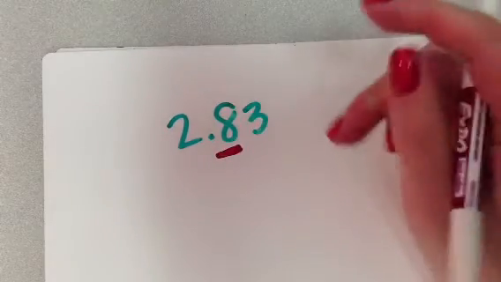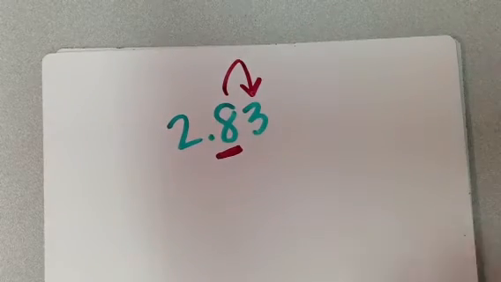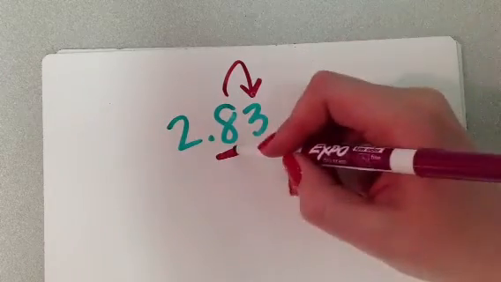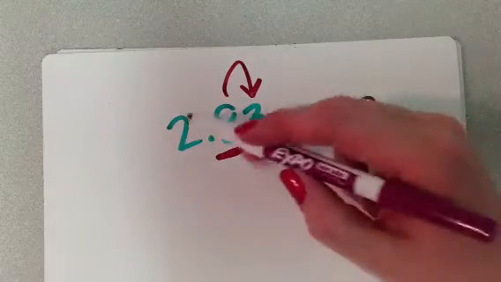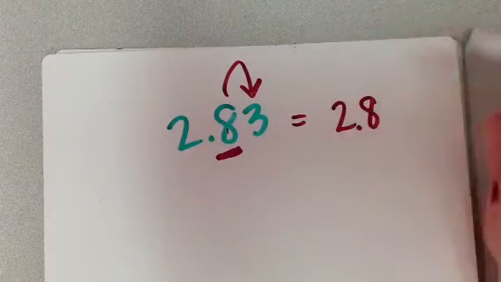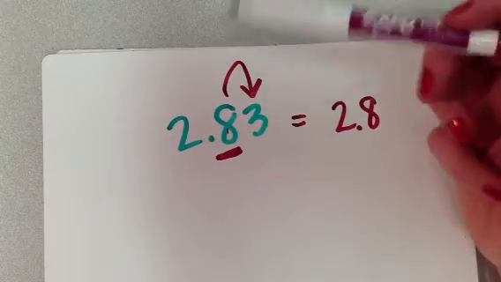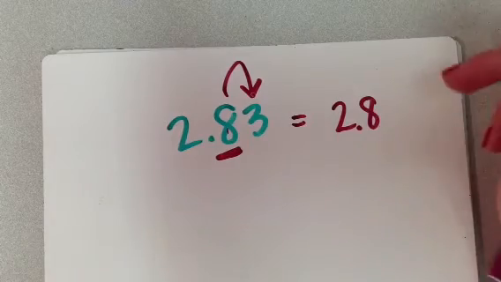It is right here, and it's dependent on that guy. Is that 3 5 or more? And the answer is no. So that means this guy's going to stay the same, the decimal point stays the same too. So to round 2 and 83 hundredths to the nearest tenth will mean 2 and 8 tenths.